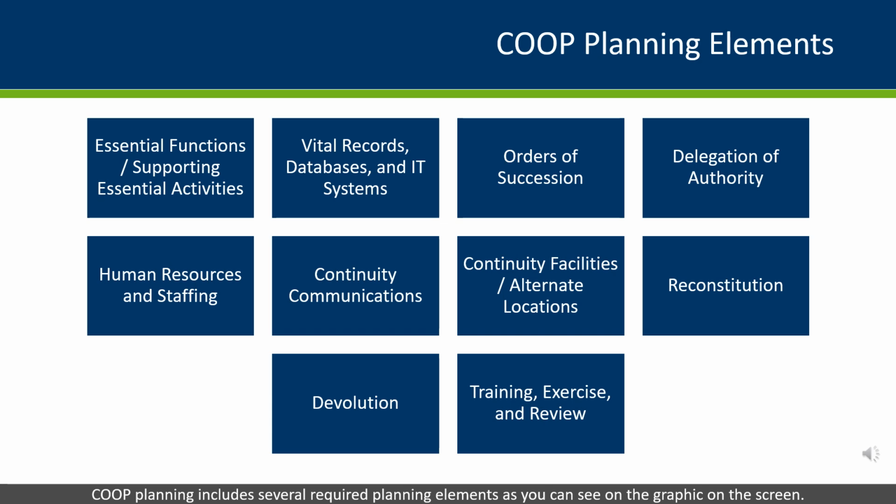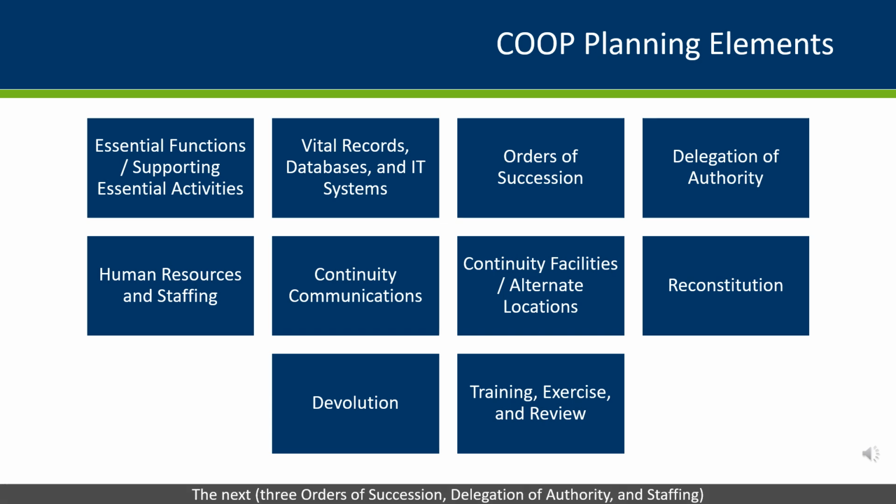COOP planning includes several required elements, as you can see on the graphic on the screen. The most important of which are essential functions and supporting essential activities. The next webinar focuses specifically on identifying your essential functions. Vital records, databases, and IT systems are also critical for COOP planning.